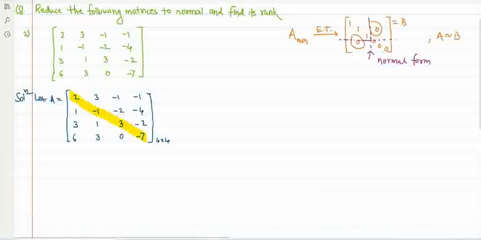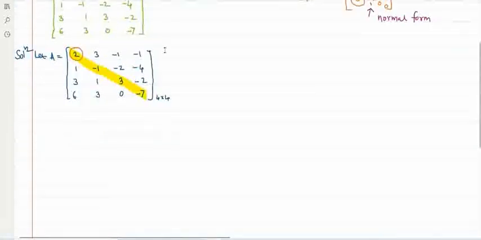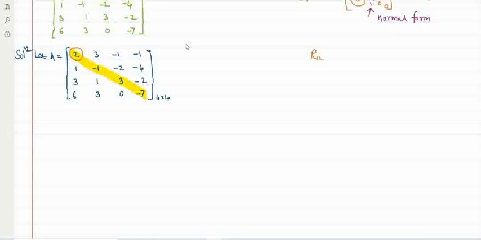So you have to convert this A11 element to 1 by applying any elementary transformation. Can anyone guess what will be the elementary transformation? Interchange row R2 and R1. Correct. One can tell we can interchange R1 and R2. That also is correct.